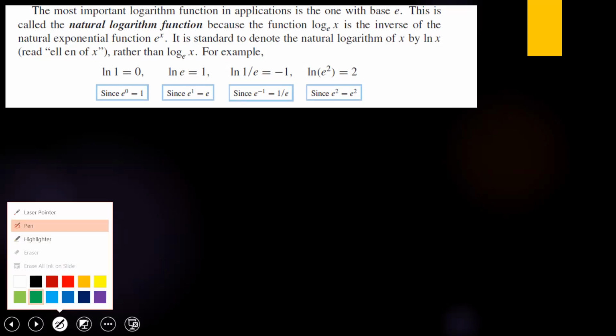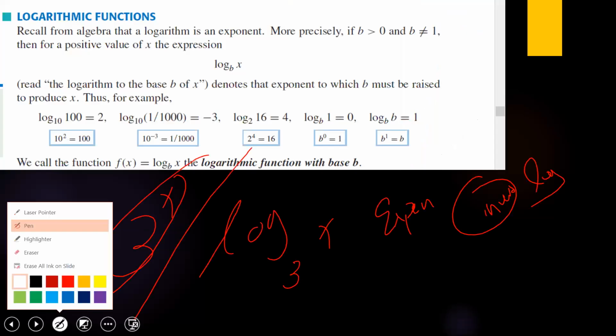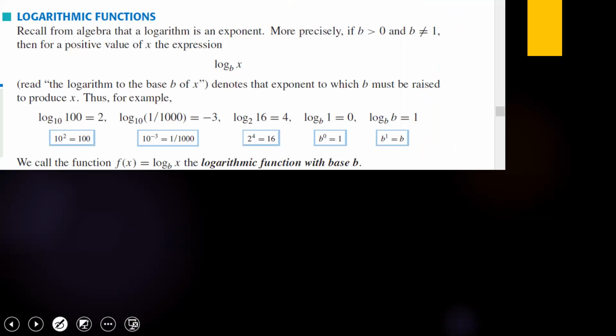Before that, let's come back to the logarithm here. In the logarithm, we say that logarithm to the base 10 of 100 is like logarithm base 10 of 10 to the power 2. They cancel each other, so it is 2.